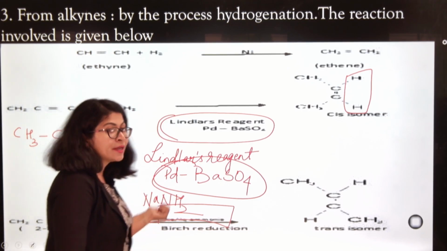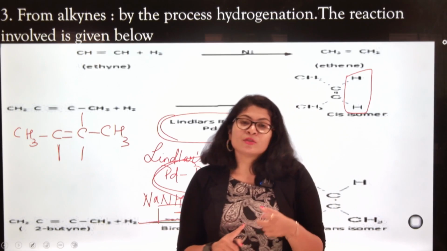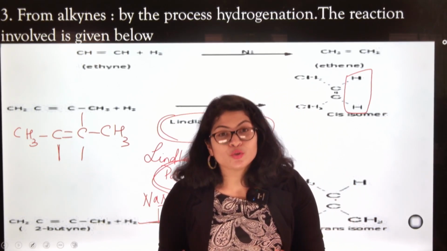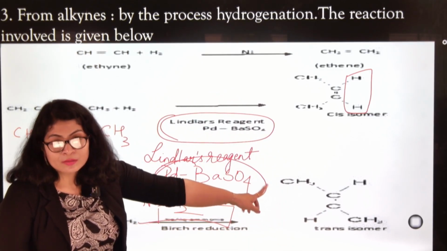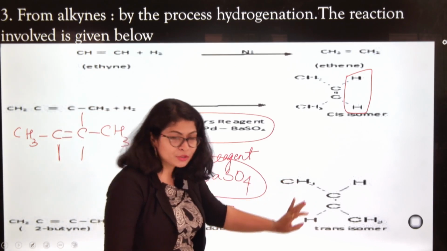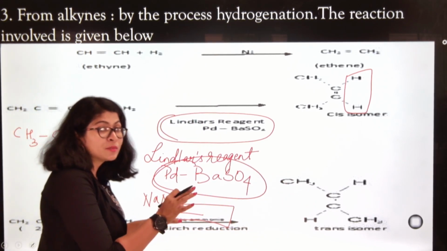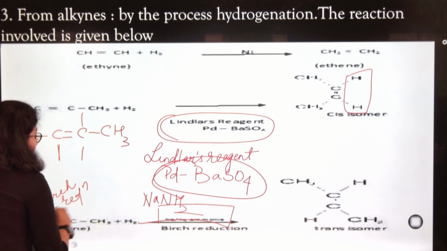Then this reaction results in the formation of a trans isomer. If it is in the presence of Pd/BaSO4, it will form cis. If it is in the presence of sodium and ammonia, then addition of hydrogen will no doubt occur, but trans to the original position. And this particular reaction, the trans addition, has got a special name called Birch reduction. B-I-R-C-H, Birch reduction.